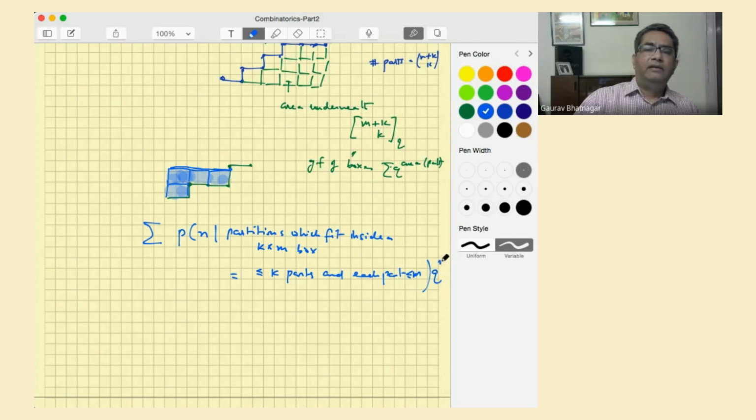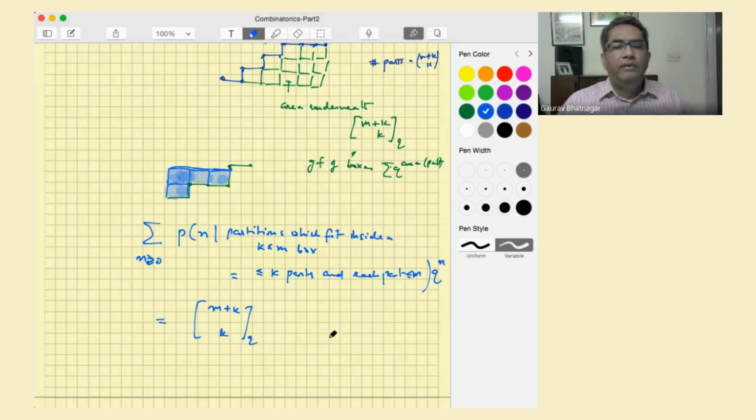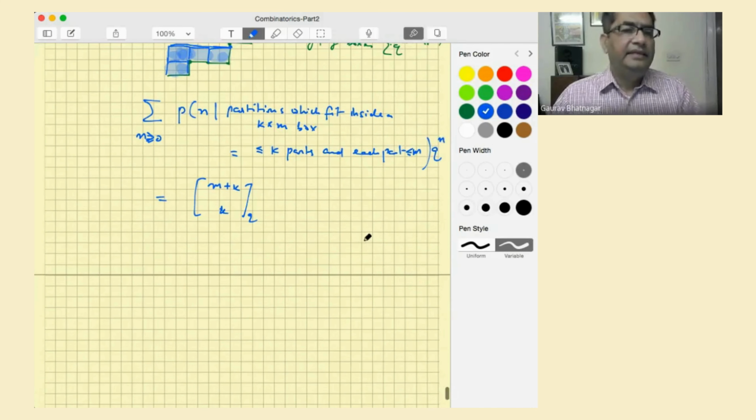And then take this generating function over n, and this is your m plus k choose k, right?